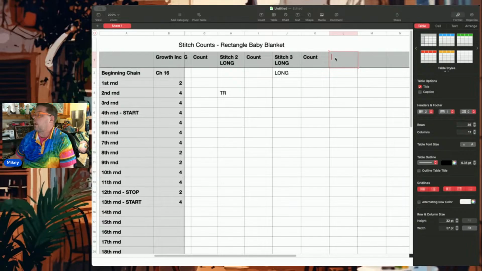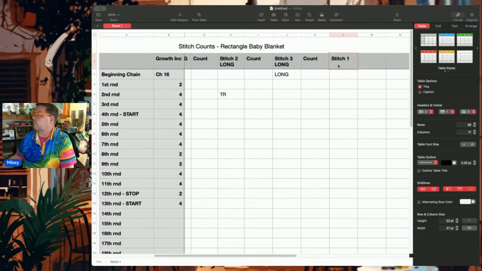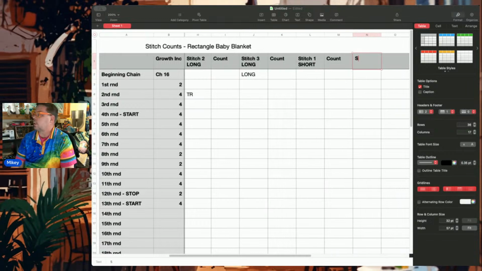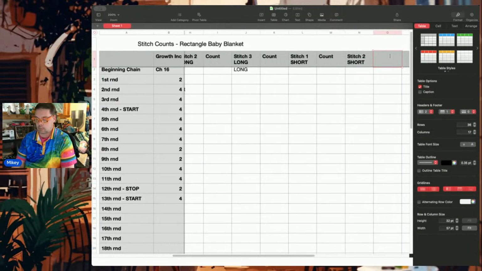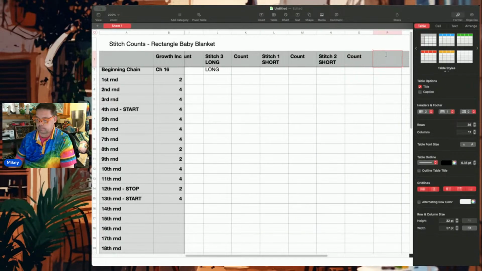Okay, so we have to count. So we have stitch 1 short, count, stitch 2 short, count, stitch 3 short.